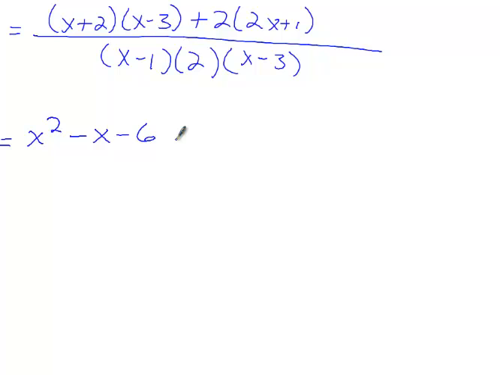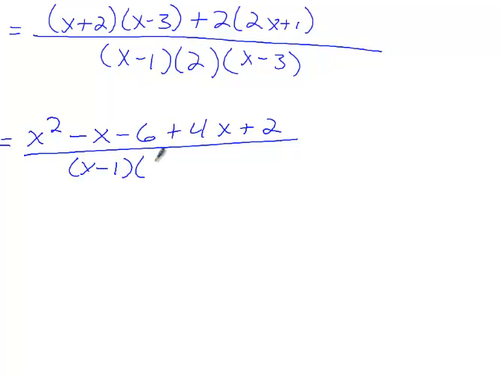Okay. And then we're going to distribute over here and get plus 4x plus 2 all over. And we're going to keep this denominator factored because there's no point in making it bigger because we want factored form. All right. So now do I have any parentheses on top? No, so I can start grouping up my like terms.